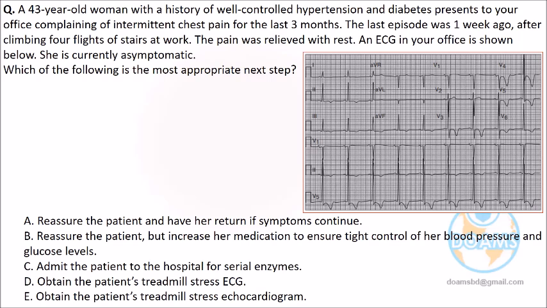One week ago, the last episode happened, climbing 4 flights of stairs at work, and the pain was relieved by rest. Currently, no pain. So to take any next step, we have to think about what the ECG is showing here. Then we can decide. Can anybody say what your decision will be?